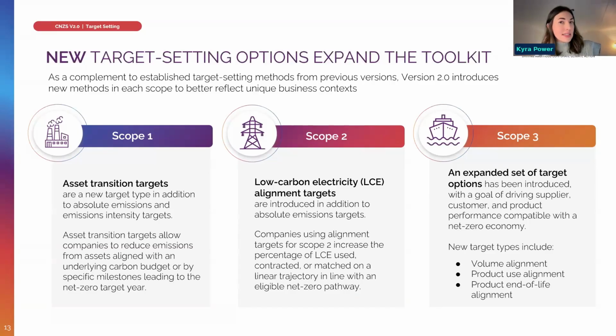One thing that I did not note previously in the target base year assessment is that for the target boundary for scope 3, companies are required to include any significant category of emissions. These are defined as representing 5% or more of your scope 3 emissions.